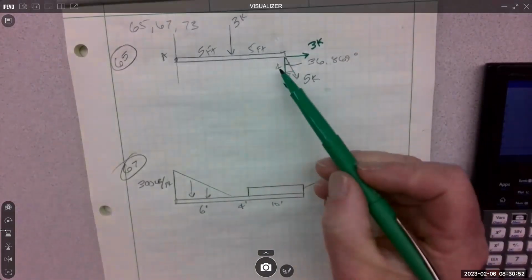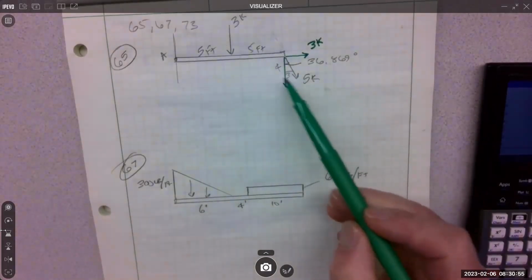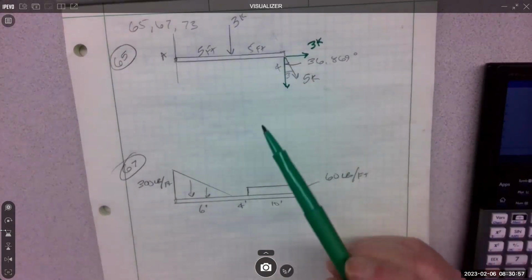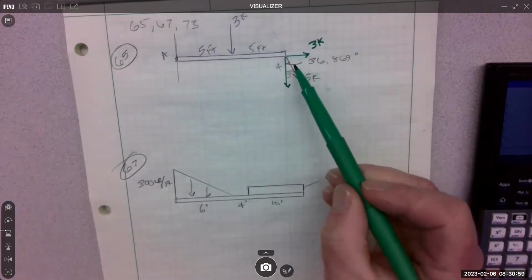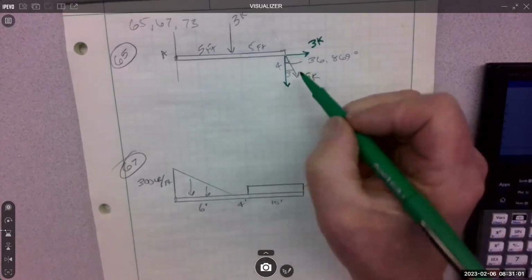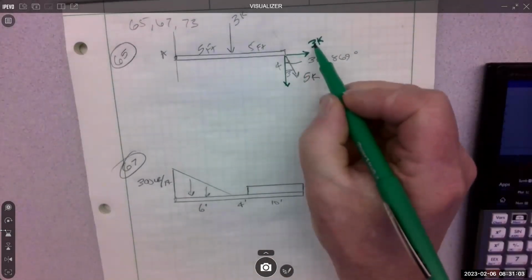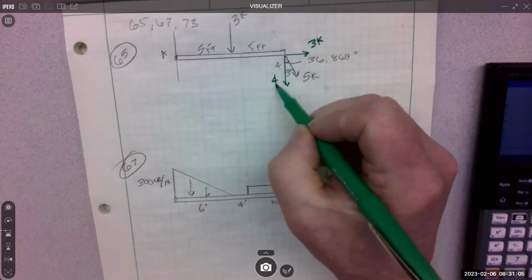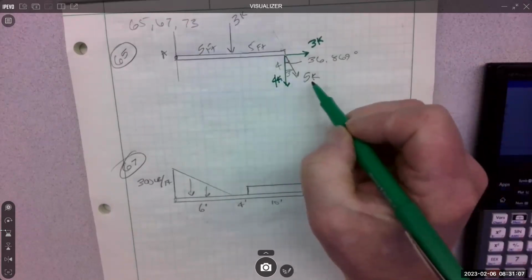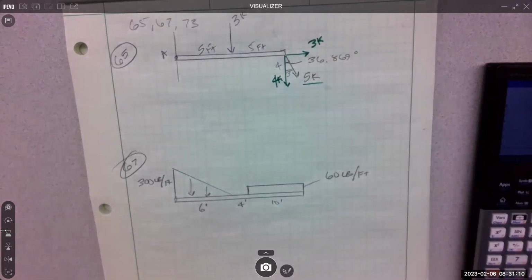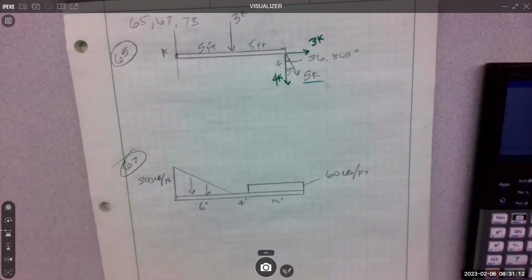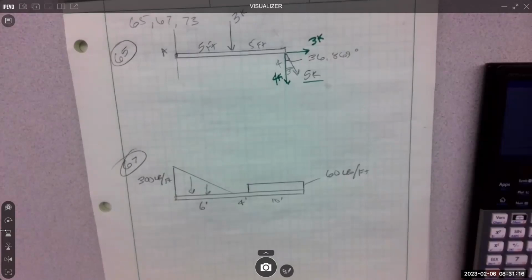So cosine is just going to give you this, but we've done this triangle once before. It is a 3-4-5 triangle. So the X is 3, the Y is actually 4K, and the hypotenuse is 5K. There's very few triangles that have these clean ratios to them, but this is one of them.